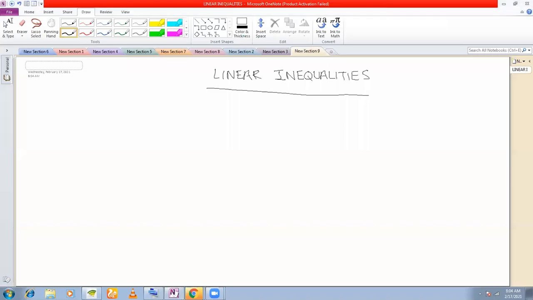Now, first of all, you have to understand the symbols. What are these symbols? This symbol is called greater than. Okay. This symbol is called less than.